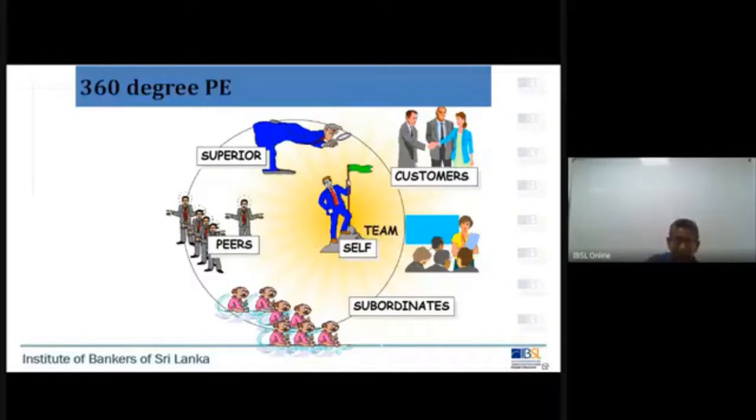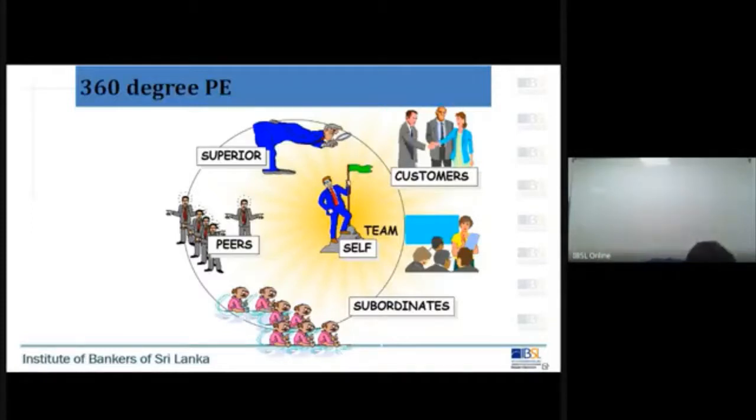Now say your boss is evaluating you. Then your subordinate is also evaluating you. And your peers. That means suppose you are a marketing manager in the bank, or maybe an operation manager, or maybe a training manager, whoever. Now there are some parallel people with you, peers we call them, like the HR manager and the marketing manager, all are peers in the same grade.